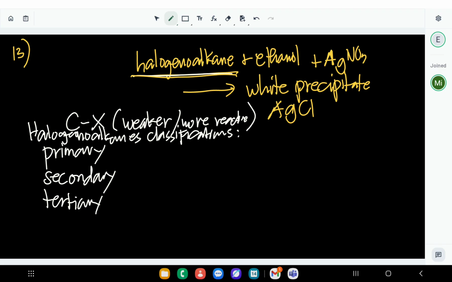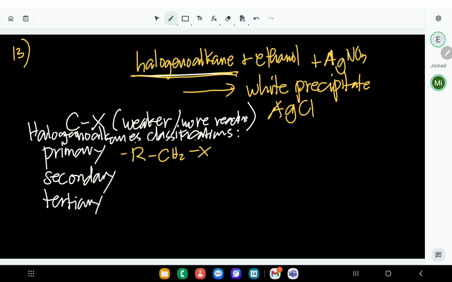So for the primary halogenoalkanes, the carbon bond here is attached to one carbon atom. So the general formula, let me just write the general formula of this.